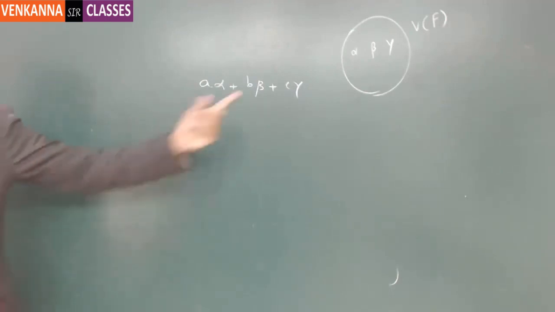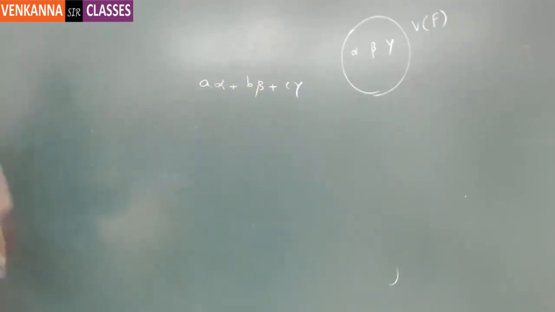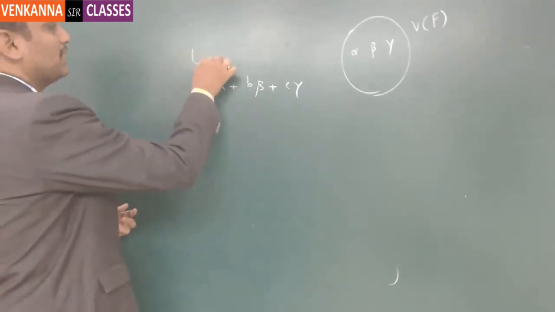So this type of notation we call linear combination.